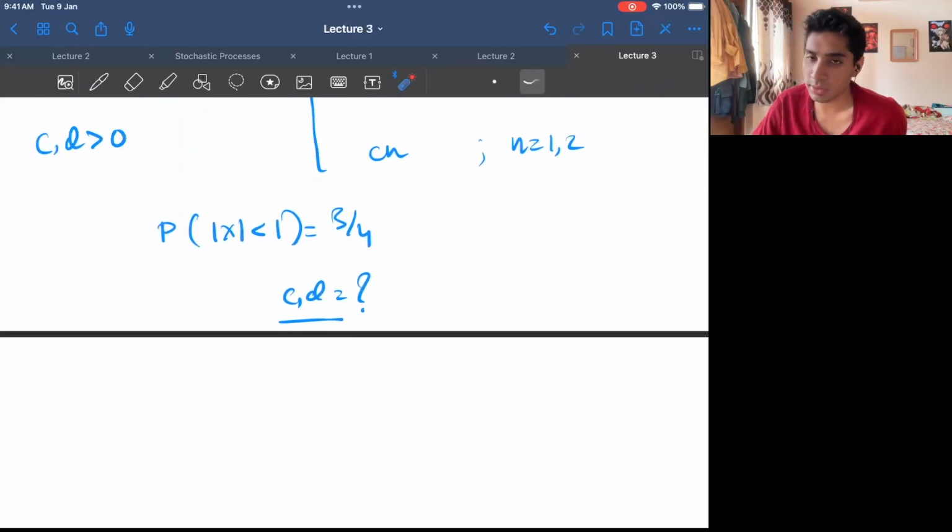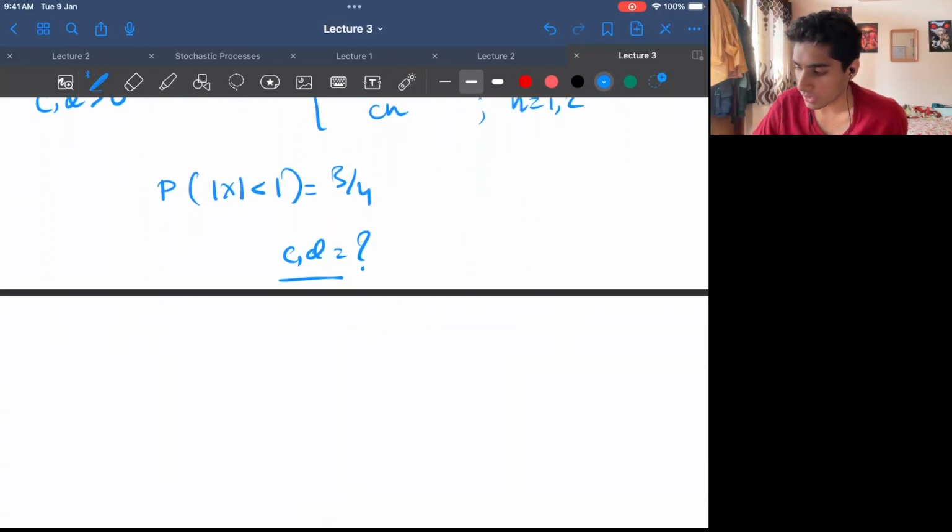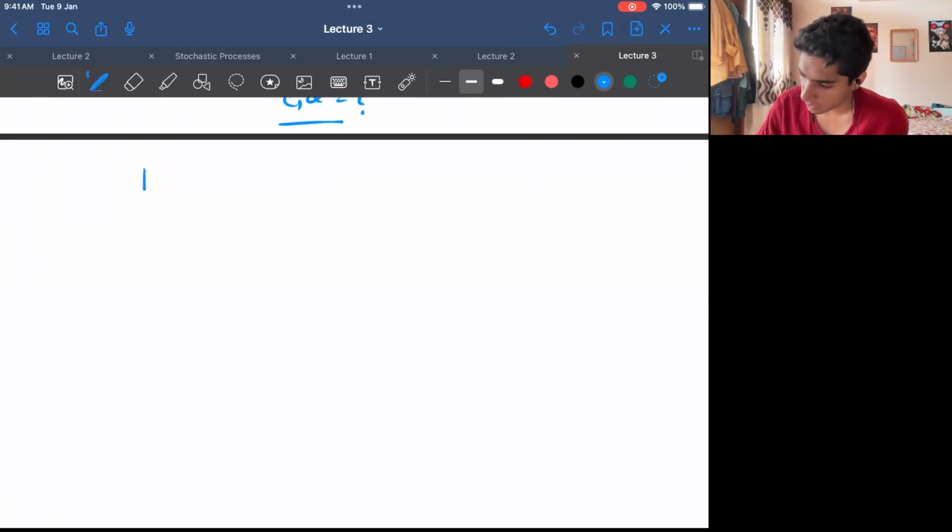Apart from this, you already know something. What do you know already? You know that the probability of x equal to i, if you sum this over i equal to whatever, 0 to whatever, so this is a discrete.